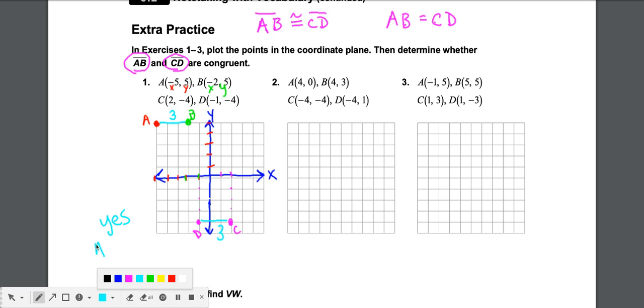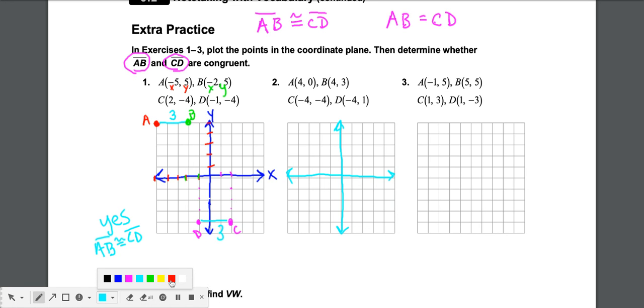We could make this statement: AB is congruent to CD. Yes, it is, right? That's what you would do on all of these. It's some good graphing practice and making sure that we understand how to put on our coordinates and decide whether something is the same exact distance on the coordinate plane or not.